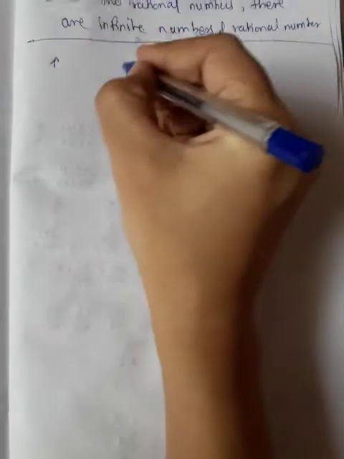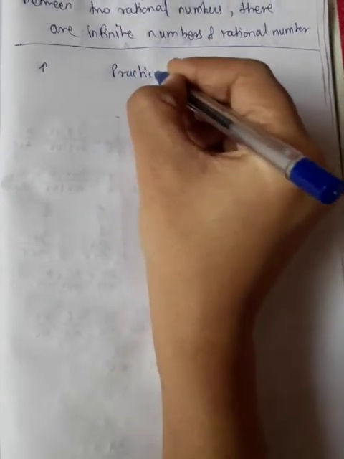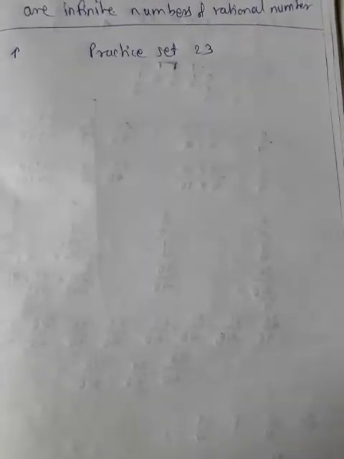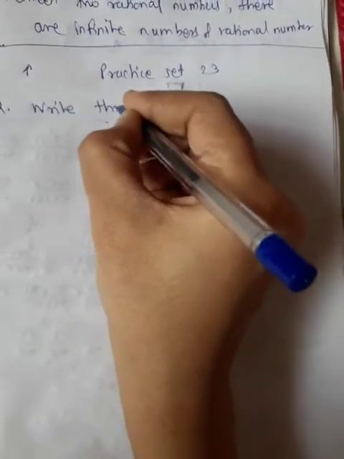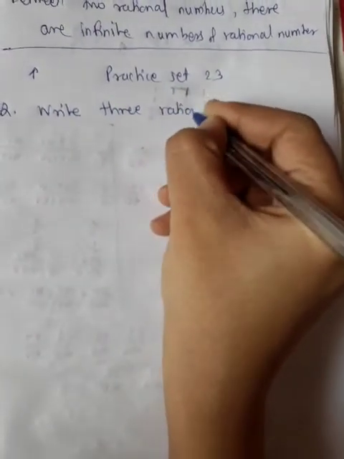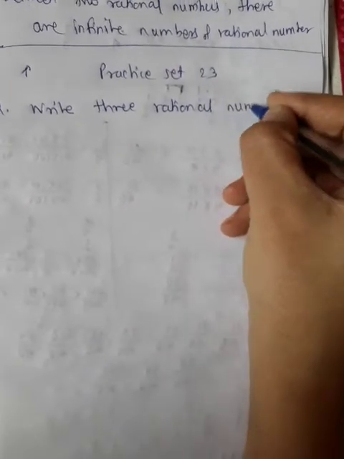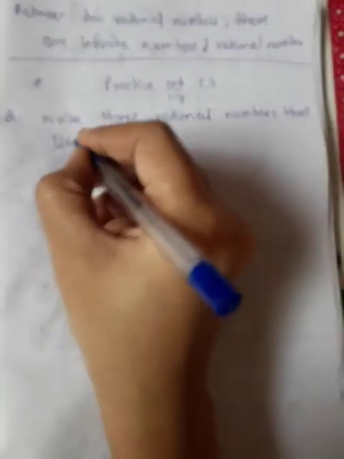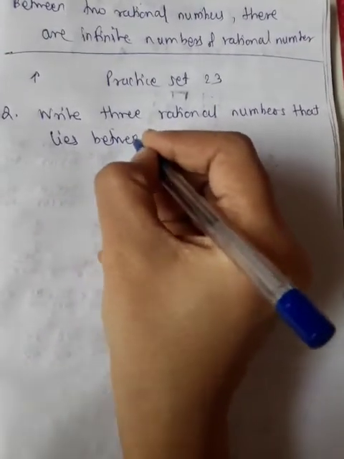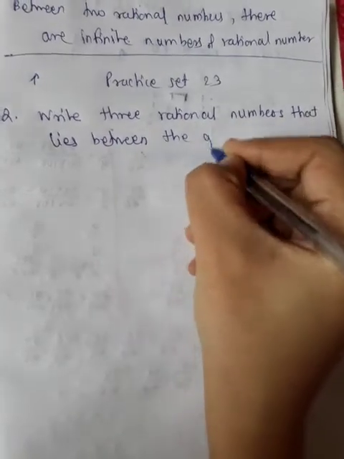Now let's move toward our practice set number 23. In practice set 23, the question is: write three rational numbers that lie between the given two numbers.